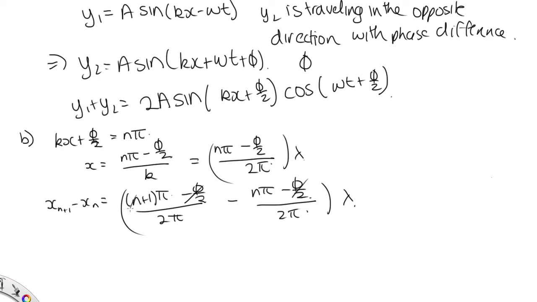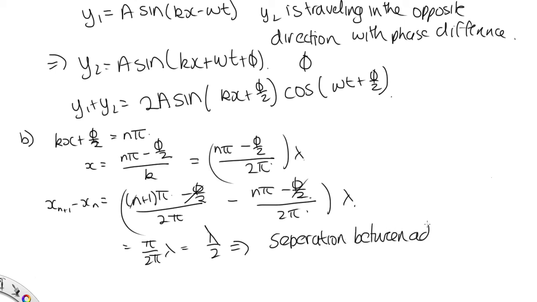This n will cancel this n here, and we'll end up with pi over 2 pi lambda, which is equal to lambda over 2. So separation between adjacent nodes is lambda over 2.